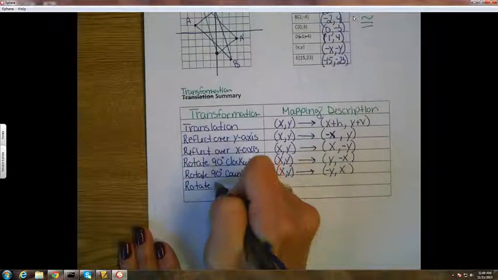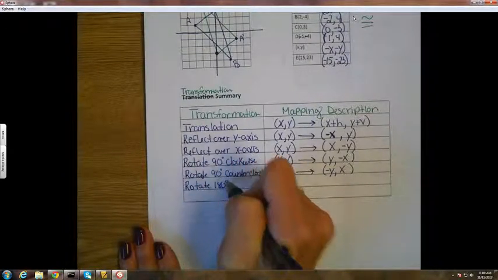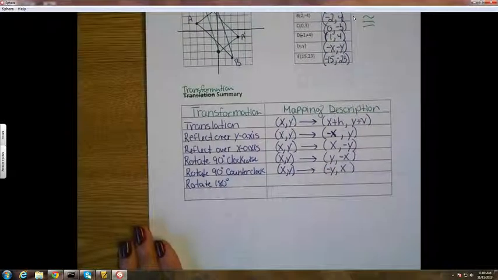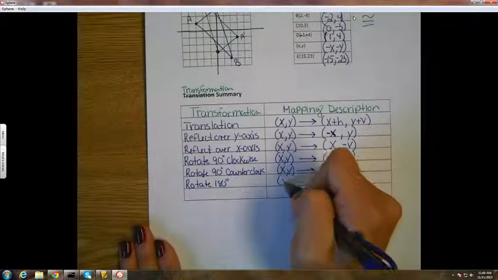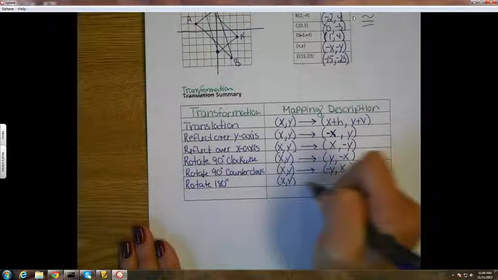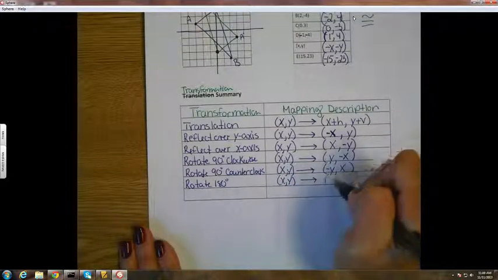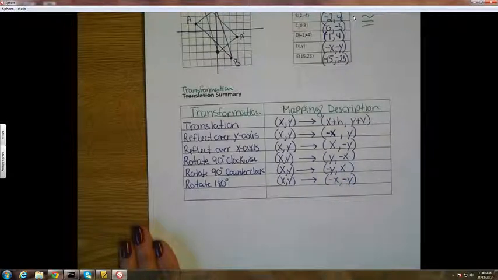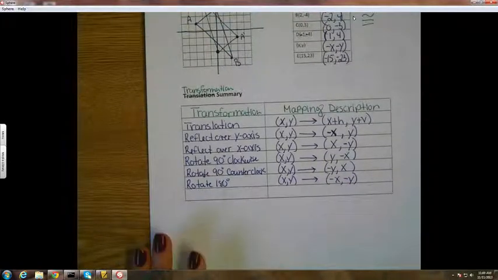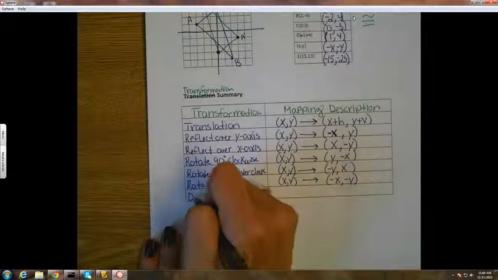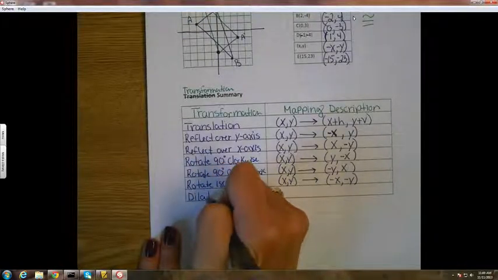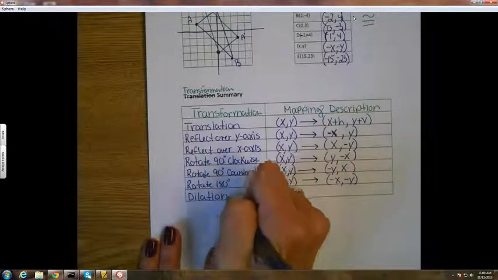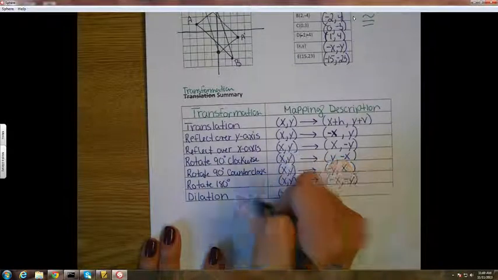And then the 180 degrees rotation, the x and y stayed in place, both their opposite. And then the one I skipped over was dilation, about the origin.